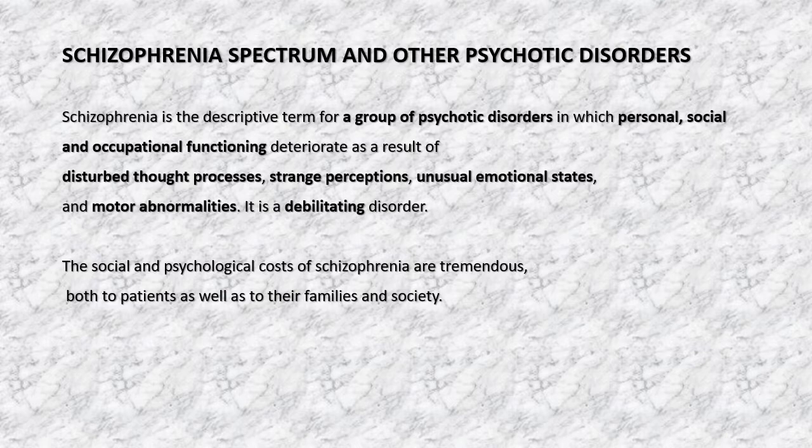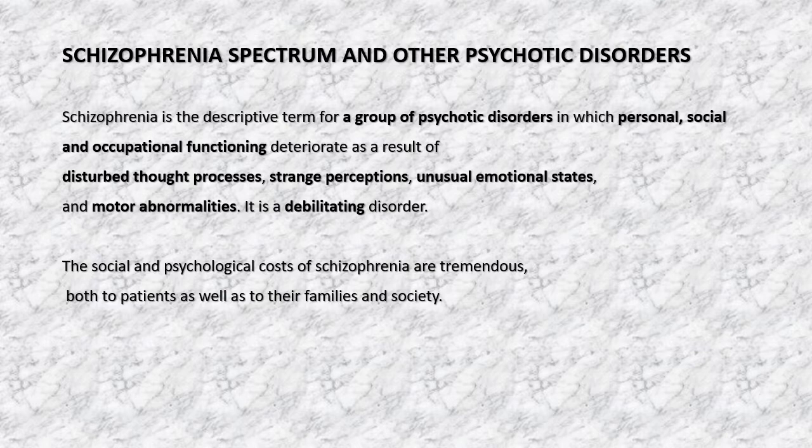Psychotic refers to a person who is not in touch with reality. So if somebody is asking you about your own self, you will not be able to answer because you are not in touch with your own self. You are living in a different world altogether. That's the reason why it is regarded as a psychotic disorder.